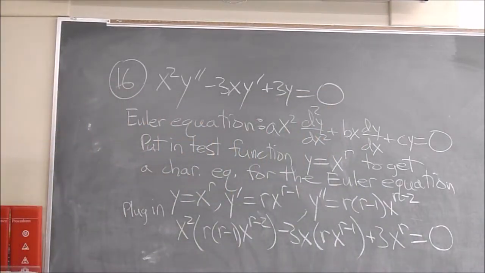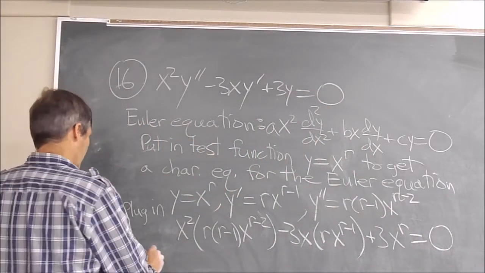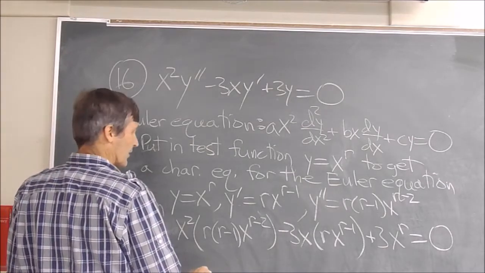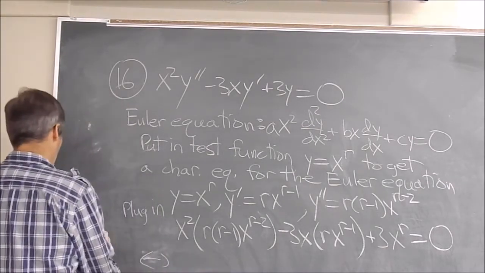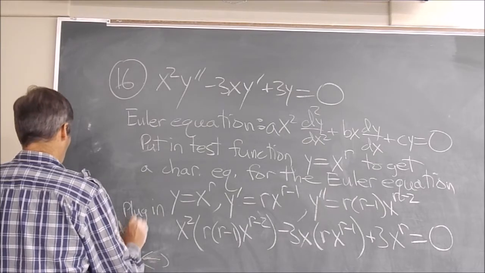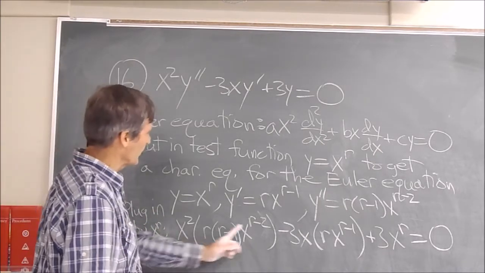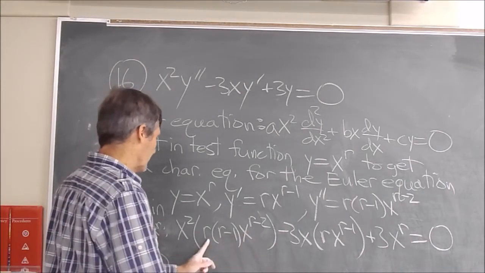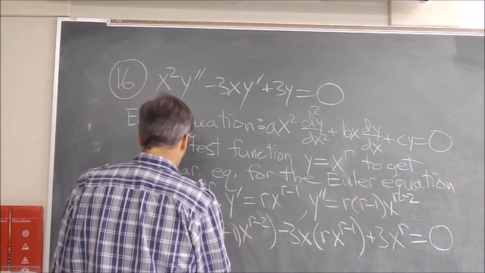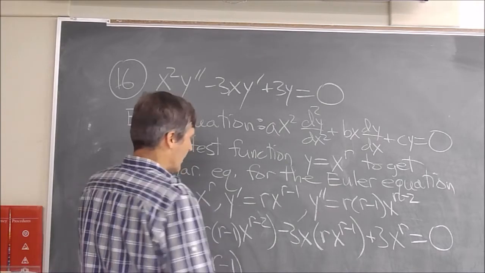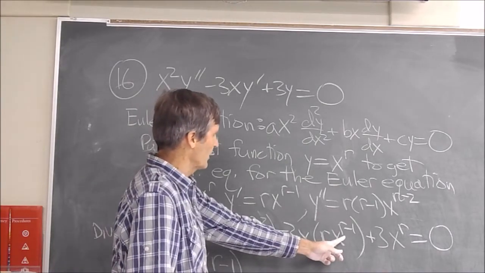Now I've got an equation here. If I multiply this all out, or divide this through by x to the r, here's x squared times x to the r minus 2, which is x to the r. I'm left with just r times r minus 1. Then x times x to the r minus 1 is x to the r.